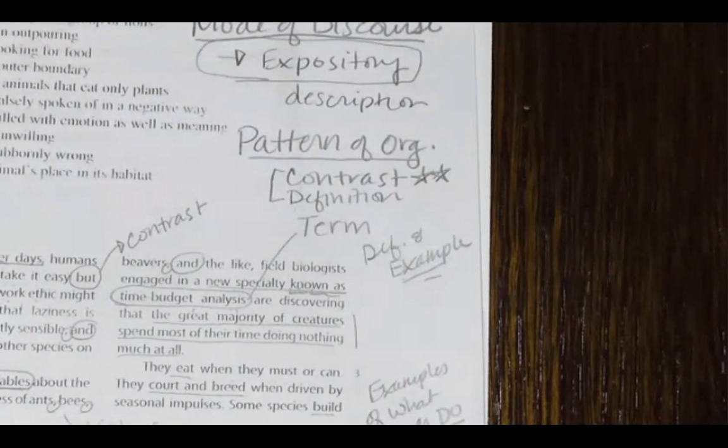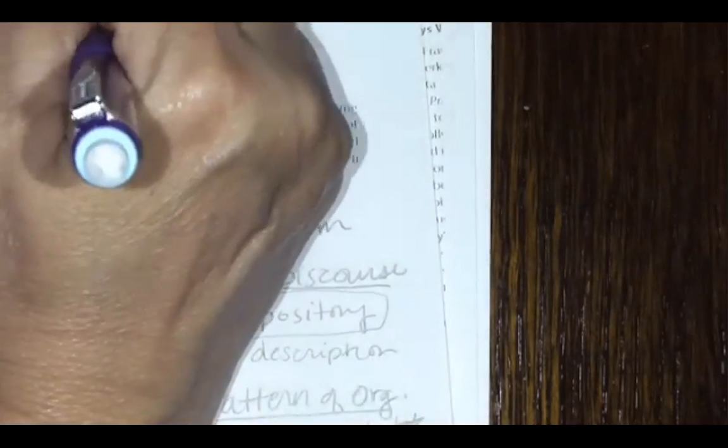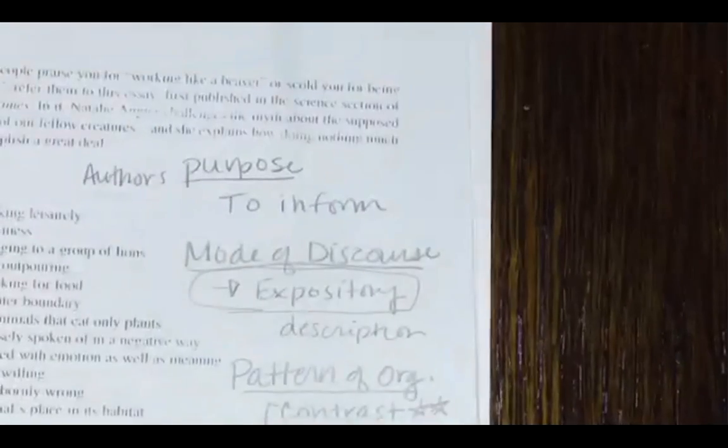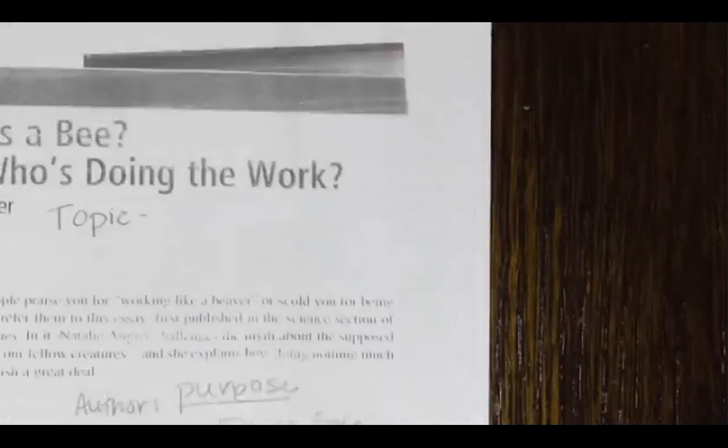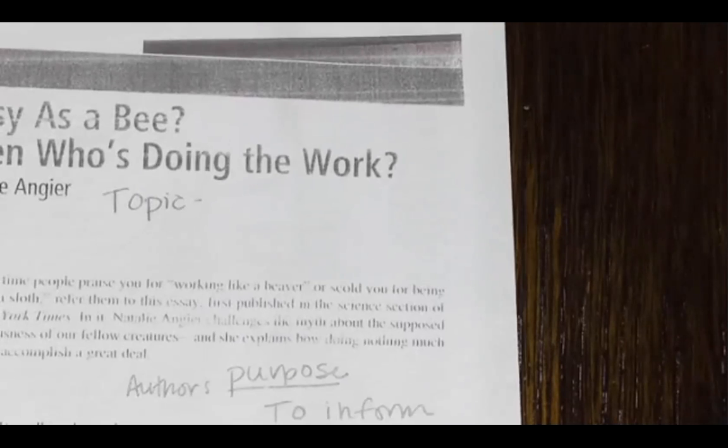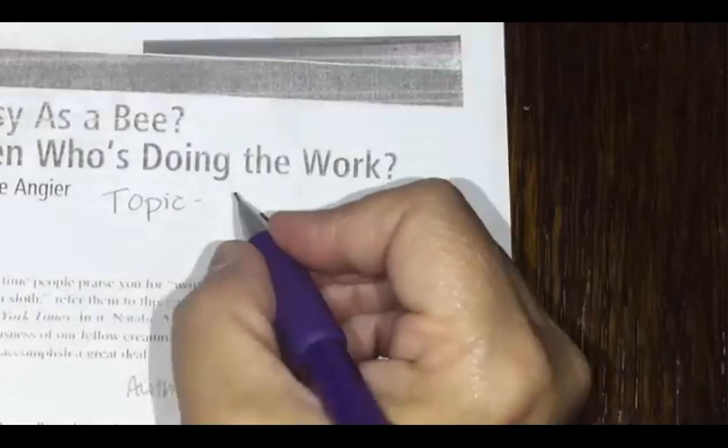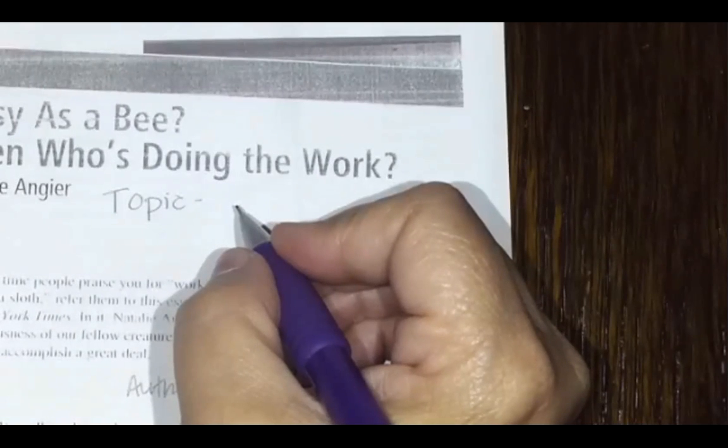Okay, so what was the topic of this? Busy as a bee? Is it just about bees? No. Animals. It's about, what about animals though? It has to be a little more specific than that.